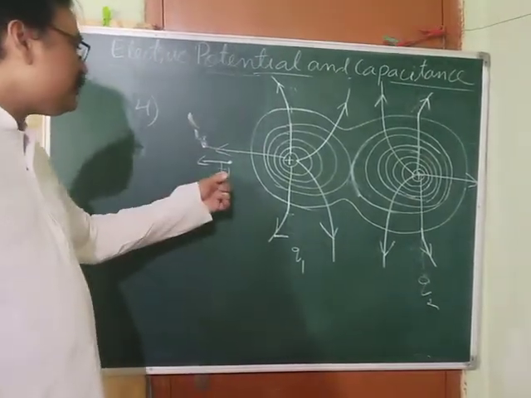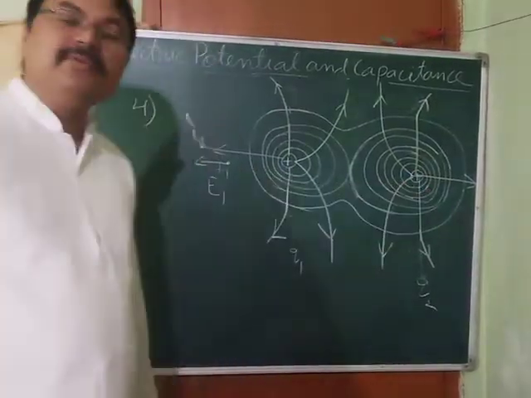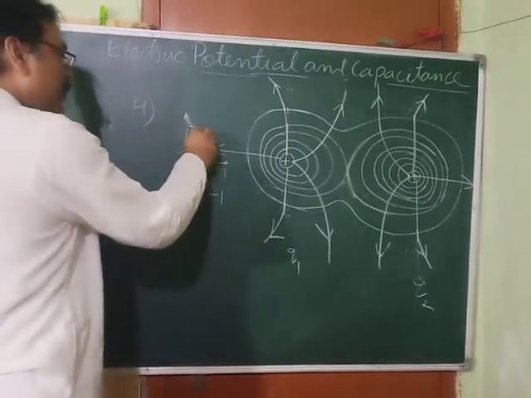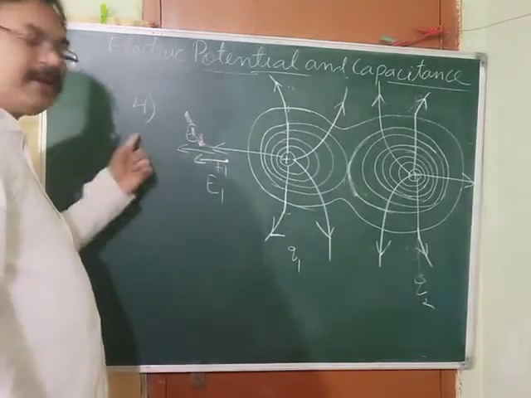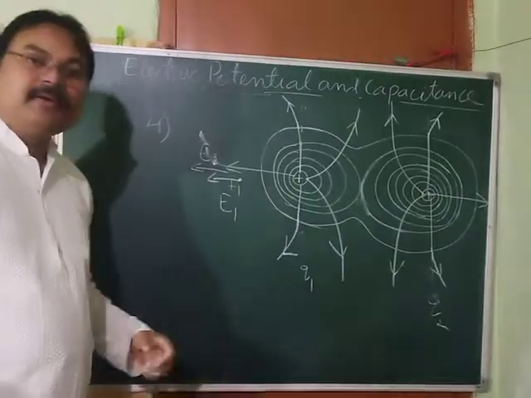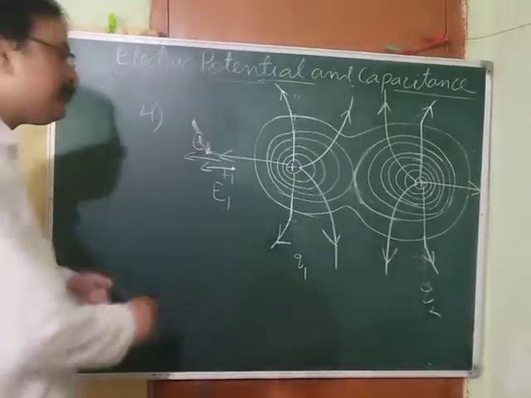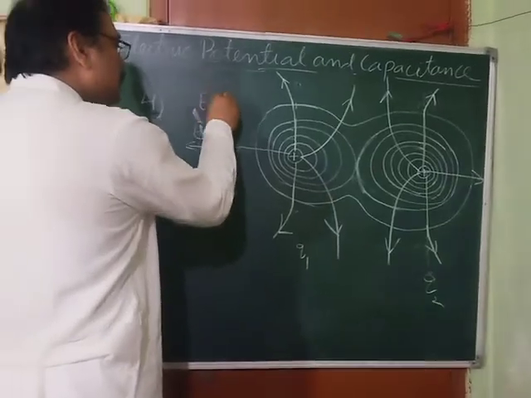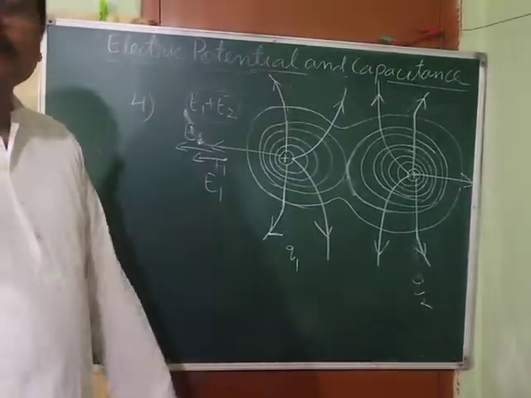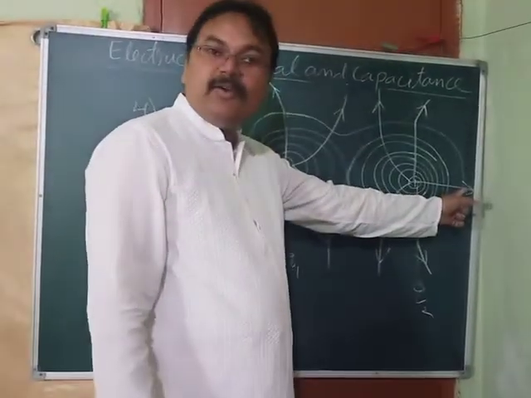Now the other positive charge will also repel the same +1 coulomb charge in the same direction. So the electric field due to Q2 charge, that is E2, is also directed in the same direction. So what is the net electric field at this point? It is the addition of E1 plus E2. So we will have a stronger electric field over here, and the same will be the case on this side also.